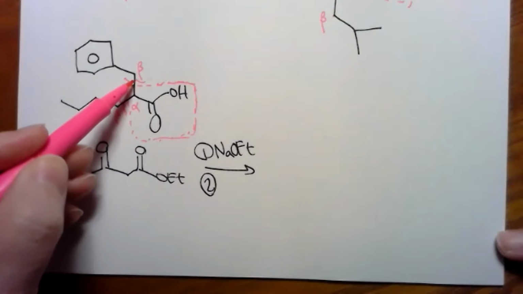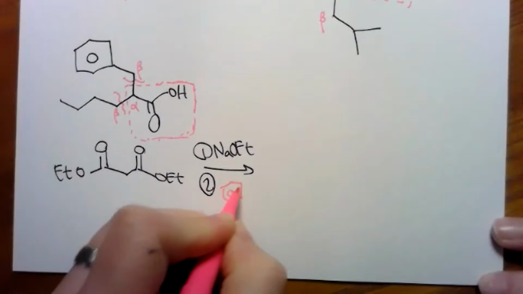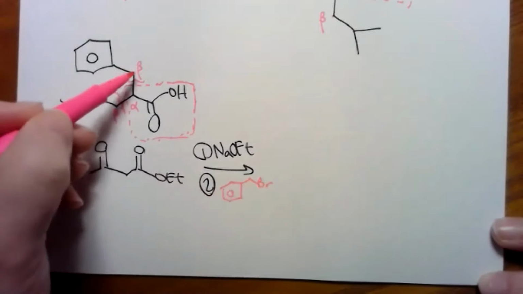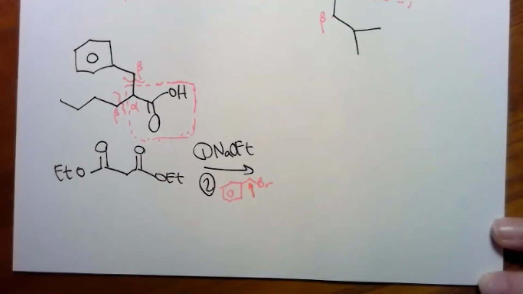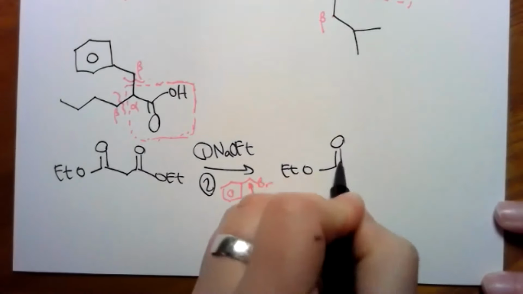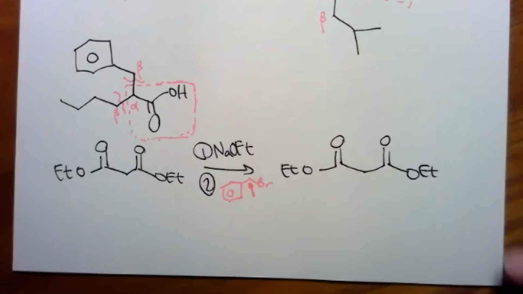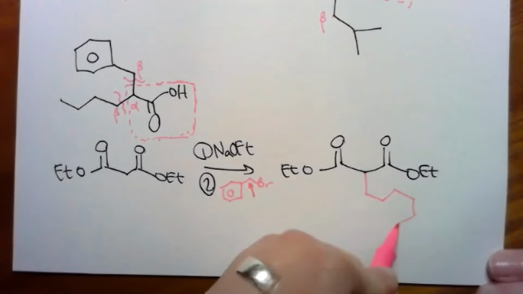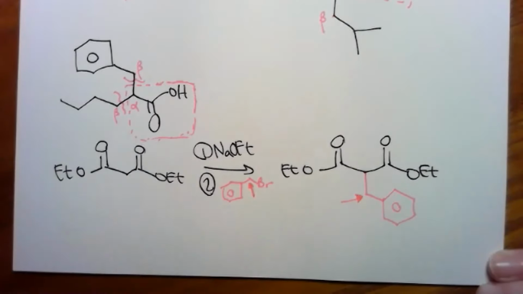We'll make this one first, just 'cause. So this beta carbon is this carbon that got SN2'd upon.